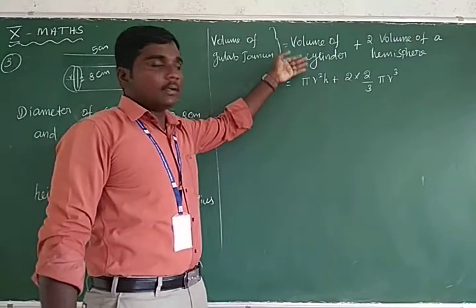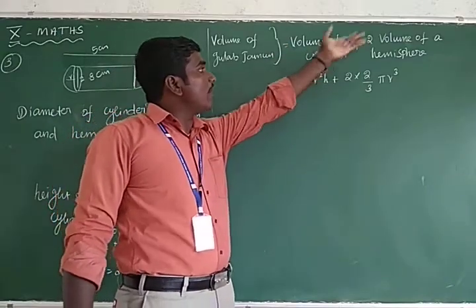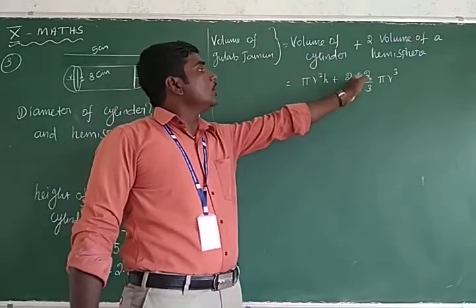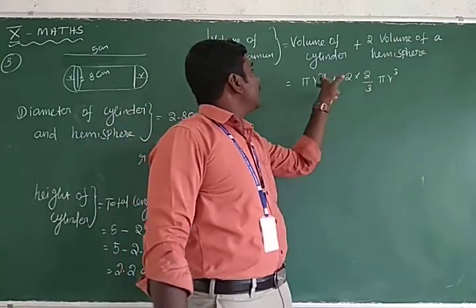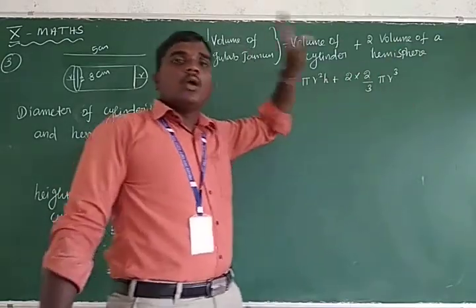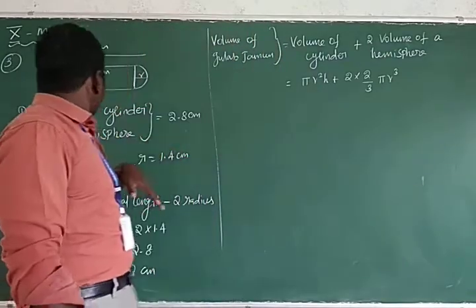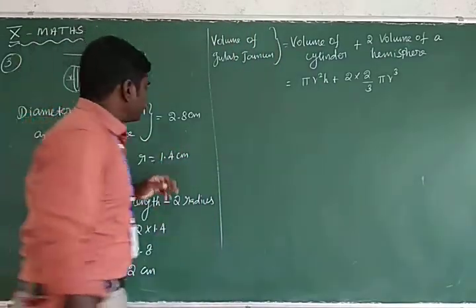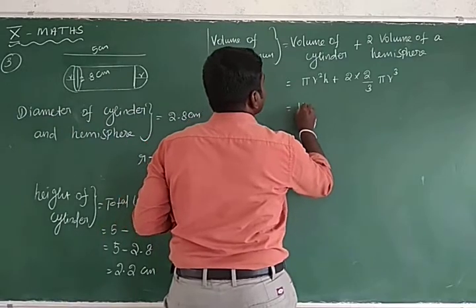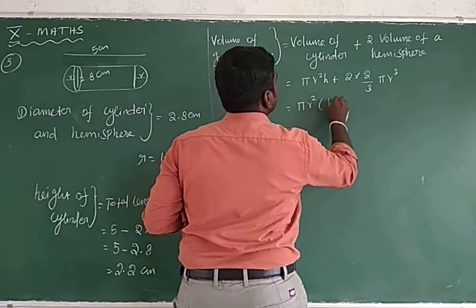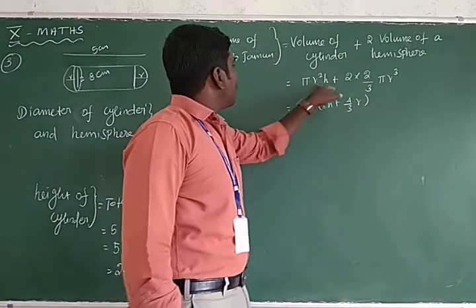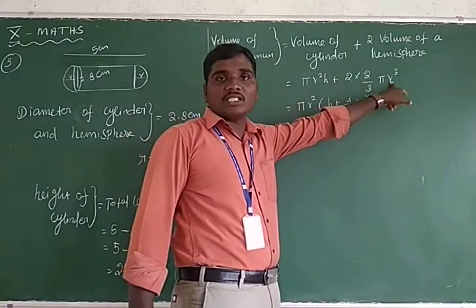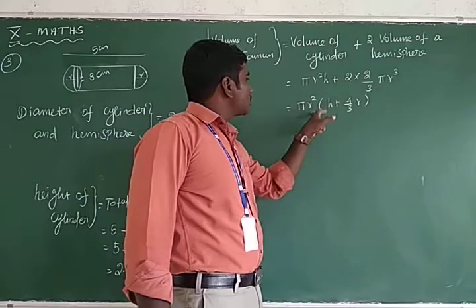The radius is the same for both hemisphere as well as cylinder, so take pi r square common. Remaining is h plus 4 by 3 r, because from r cube we took r square, remaining r.